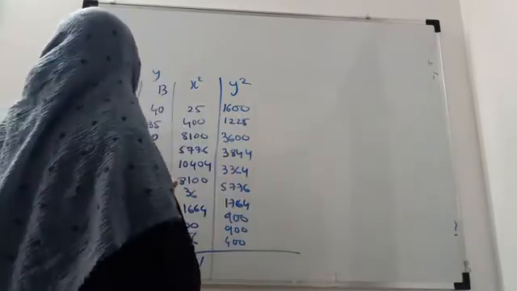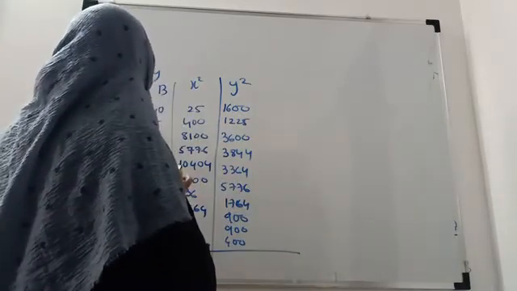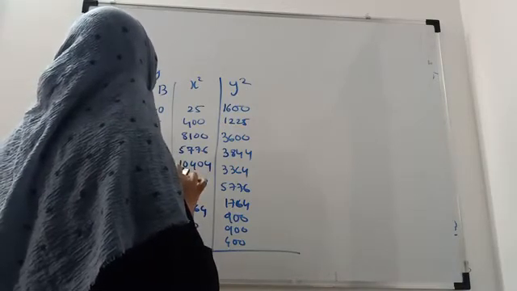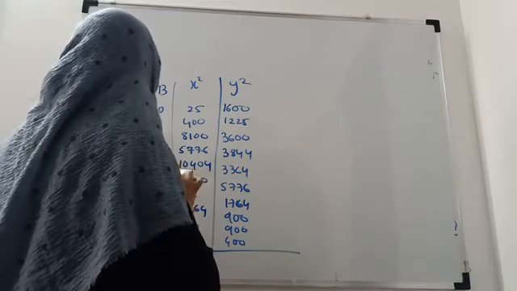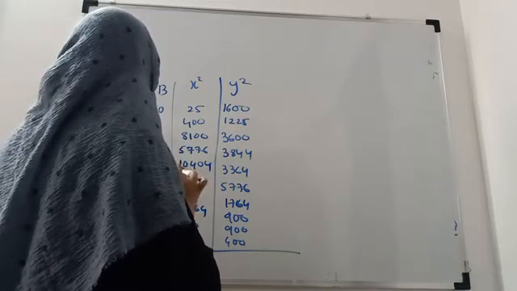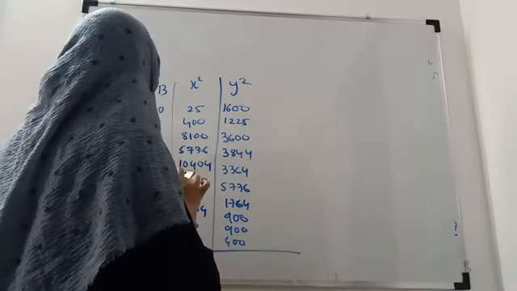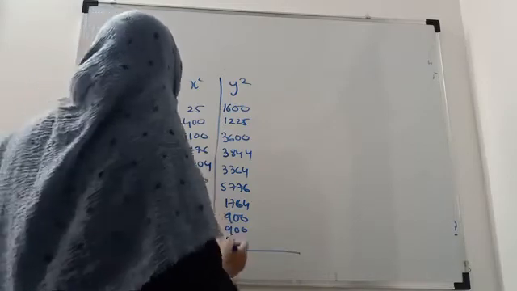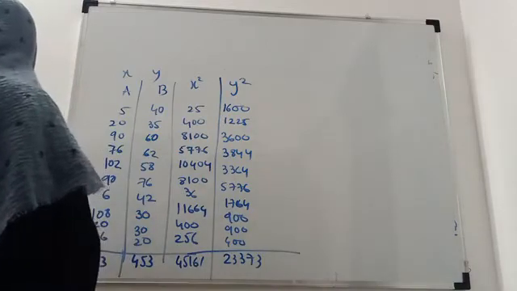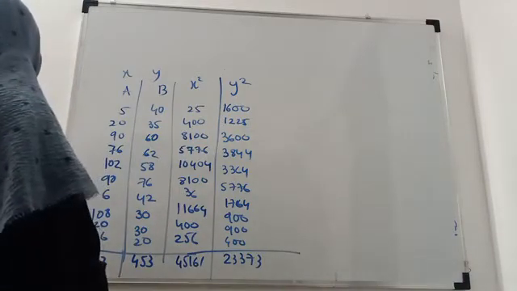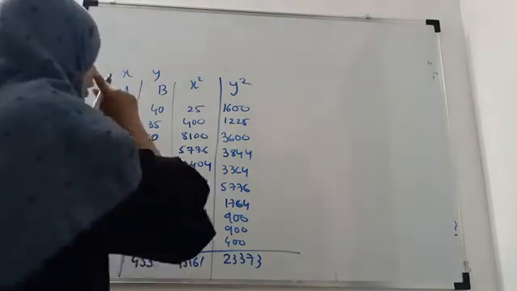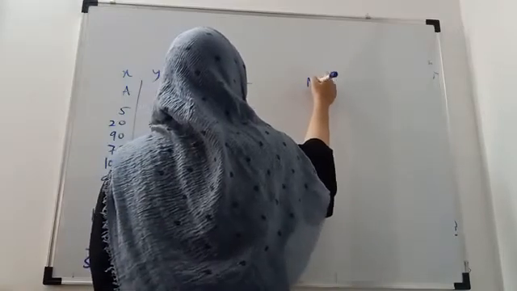Now we'll add all these values: 1600 plus 1225 plus 3600 plus 3844 plus 3364 plus 5776 plus 1764 plus 900 plus 900 plus 400. The summation is 23373.